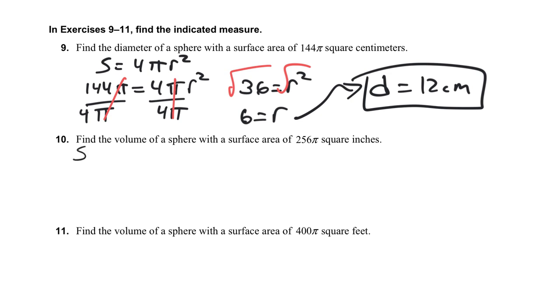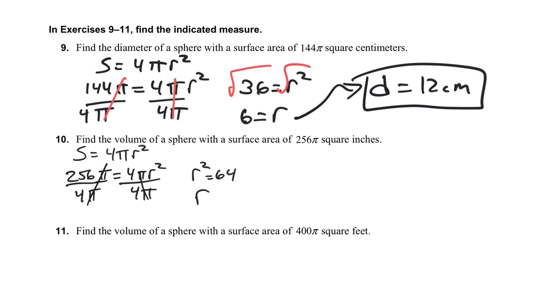Number 10 says find the volume of a sphere that we have the surface area. So again, surface area equals 4 pi r squared. So we have 256 pi equals 4 pi r squared. And I'm going to divide both sides by 4 pi so I can get my radius. So I get r squared equals 64. So I get my radius is now 8 when I take that square root.